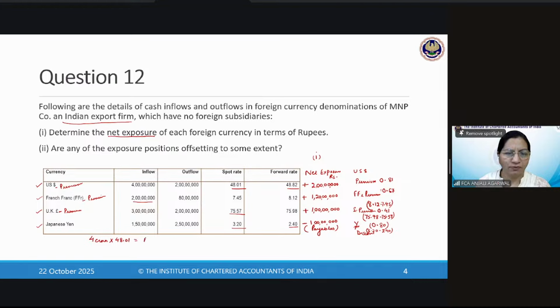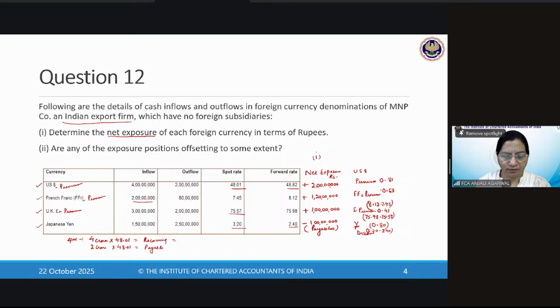This is what you were supposed to be receiving, right? Spot. And 2 crores into 48.01 was payables.